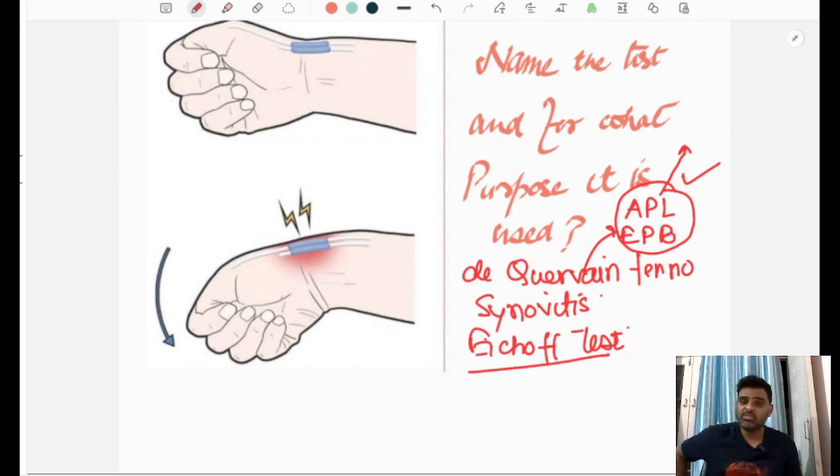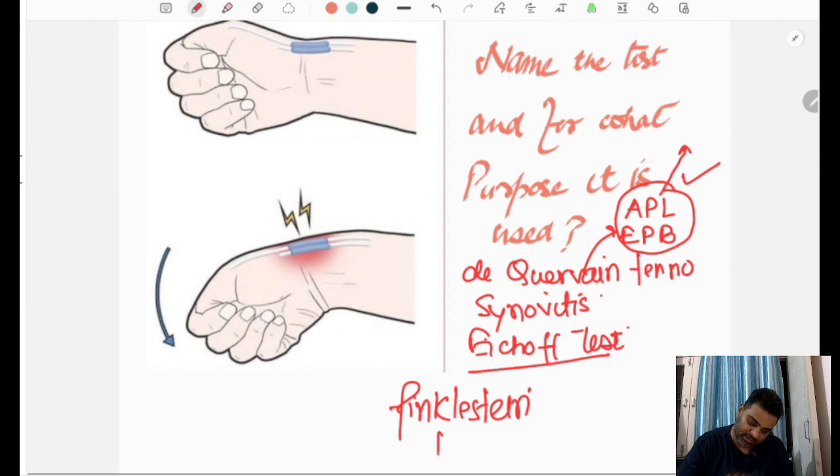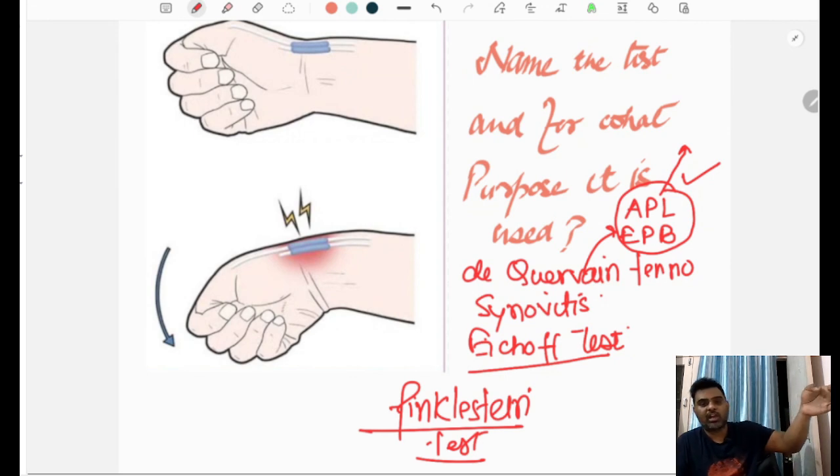And please remember, don't confuse. This is not Finkelstein test. What is Finkelstein test? You have to slightly extend the wrist and you have to pull the thumb. If there is a pain in this area, that is Finkelstein test. So in Eichhoff test, you'll ask the patient to tuck his thumb like this and then deviate like this.